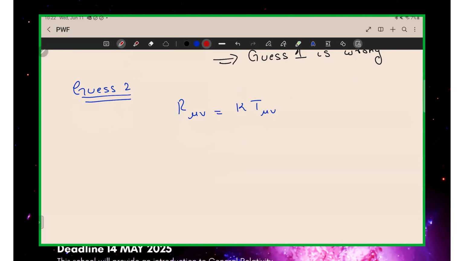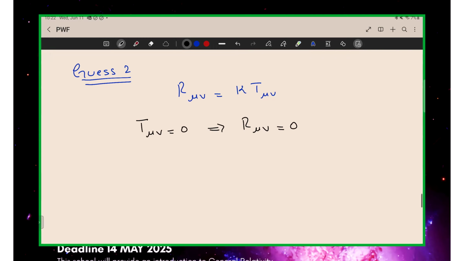What about the fact that if T mu nu is zero, then you should have flat space time at least as a solution? Well, sure, let's see. If T mu nu is zero, that means that the Ricci tensor is zero. Well, the Ricci tensor being zero doesn't necessarily mean that the space time is flat, but at least flat space time is a solution of the Ricci tensor being zero.